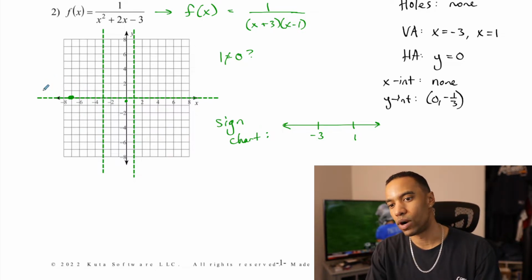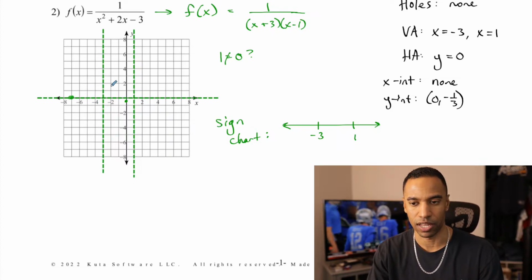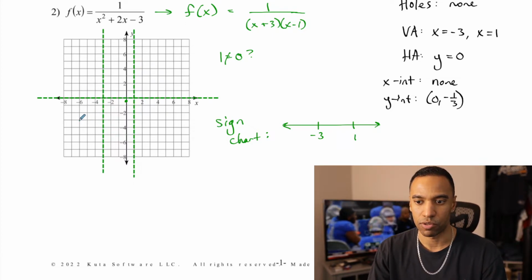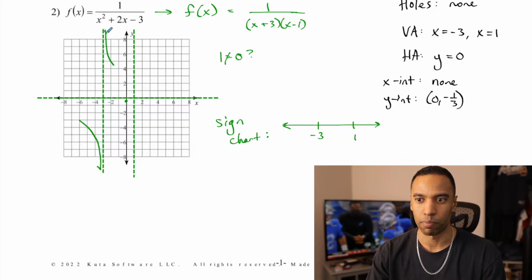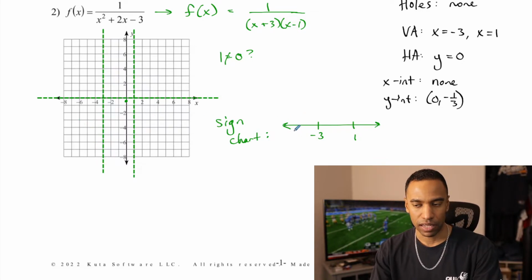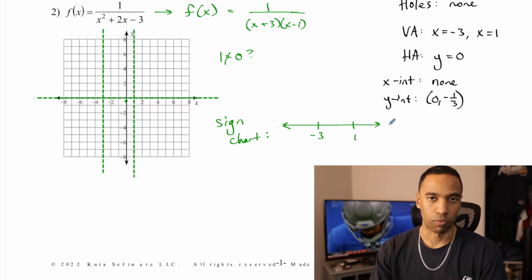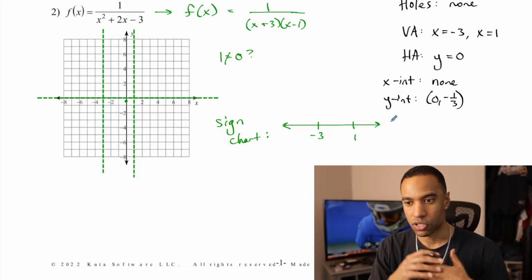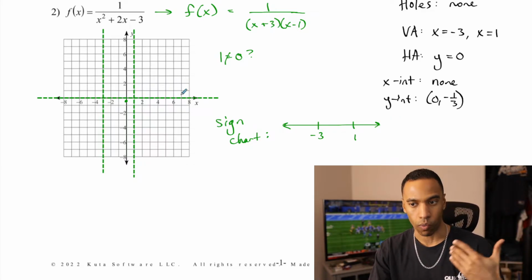And I want to know on one side of the x-intercept am I positive or negative, and on the other side of the x-intercept am I positive or negative. Same thing with these asymptotes. This thing might go toward negative infinity right here, and on the other side of the asymptote it might go toward positive infinity. So what I want to do is know what's happening to the left of negative 3, in between negative 3 and positive 1, and to the right of positive 1. And whatever's happening there is likely happening for the rest of that graph. Otherwise, we would have crossed the x-axis.